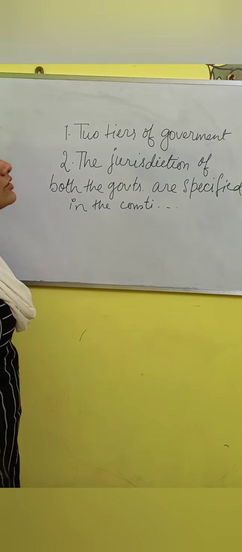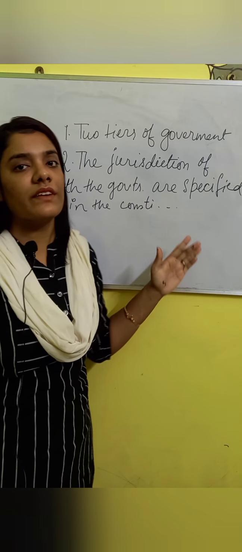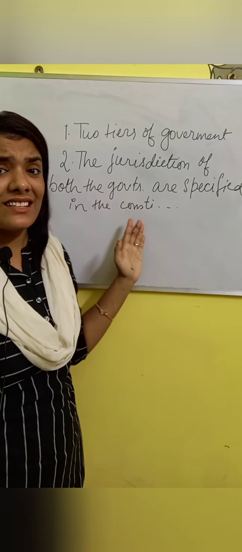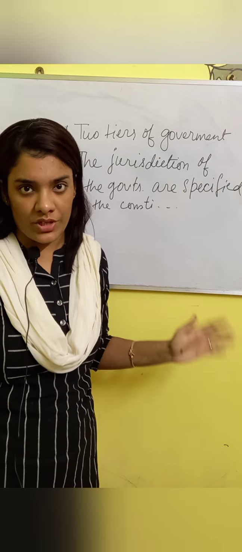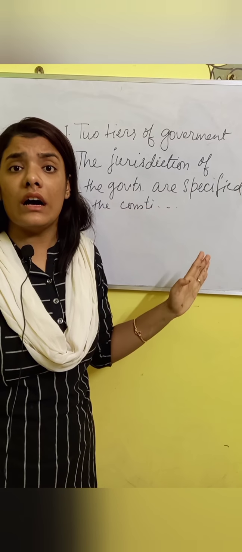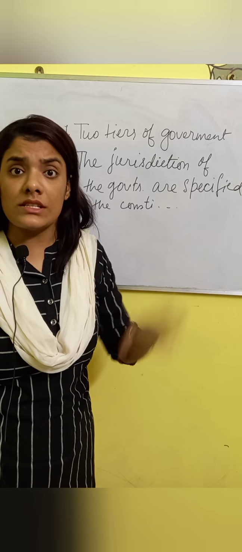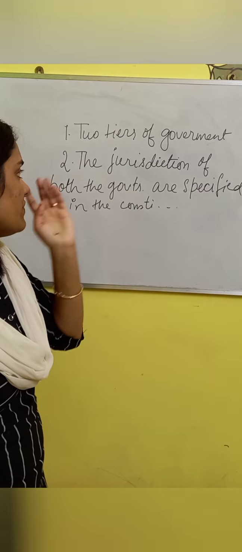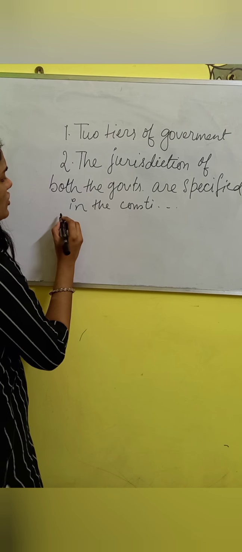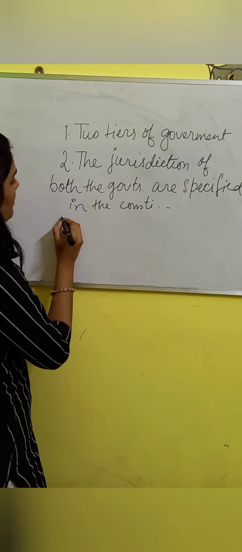The jurisdiction of both levels of government, that is the central government as well as the state government, are specified in the Constitution, and none of them can cross that. None of them can overrule that specification. So what is the third feature of federalism?